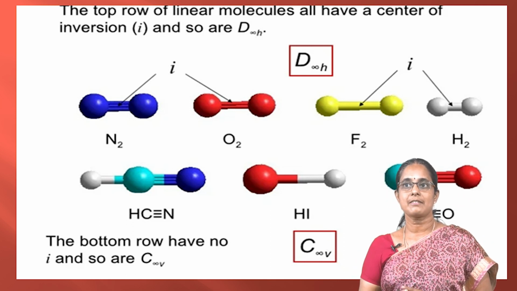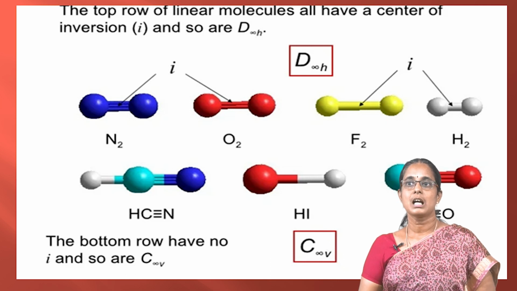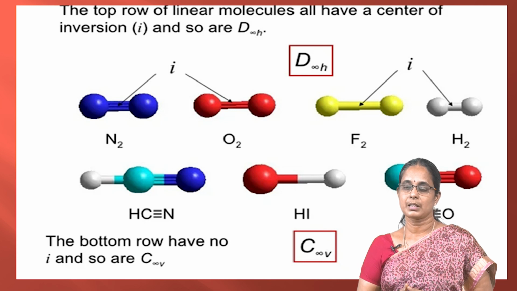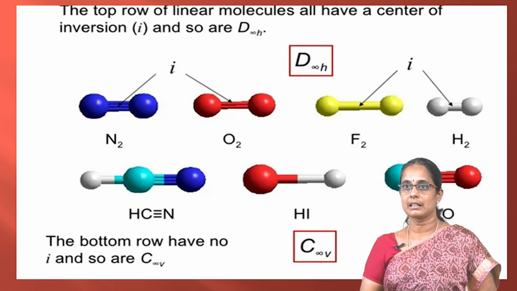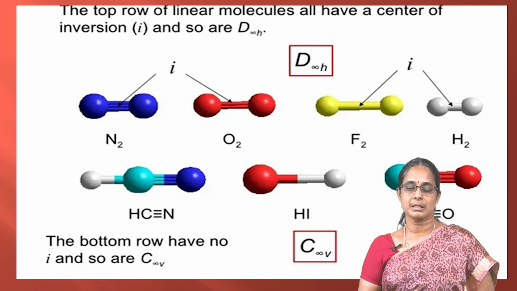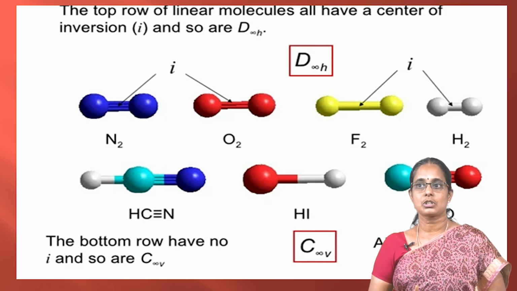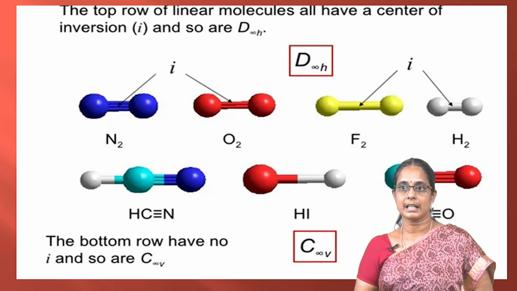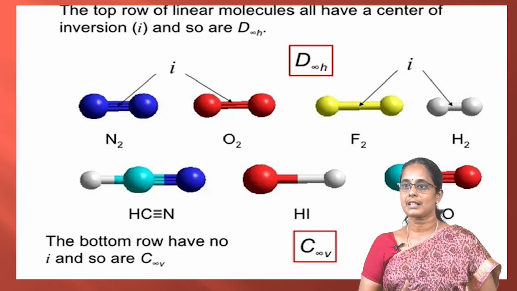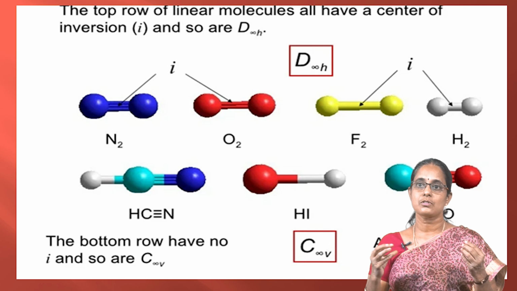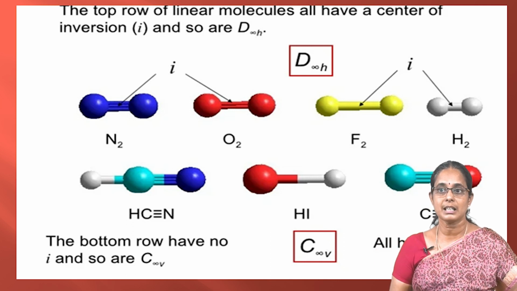These molecules have a center of symmetry and belong to the D infinity h point group. If the molecule is linear but has no center of symmetry, examples are HCN, HI and carbon monoxide. These molecules have no center of symmetry and belong to the C infinity v point group.